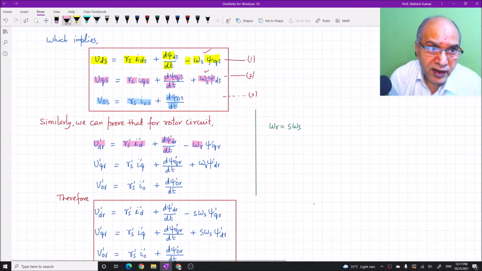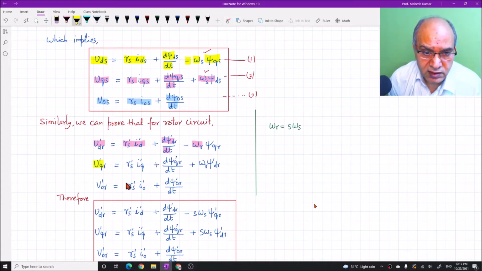Similarly, we can write Vqr dash equals Rr dash iqr dash plus d psi qr dash by dt plus omega r psi dr dash. So the coupling is between the qr and dr terms through omega r.